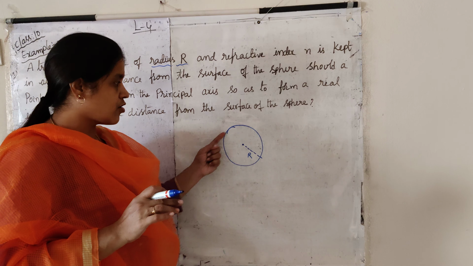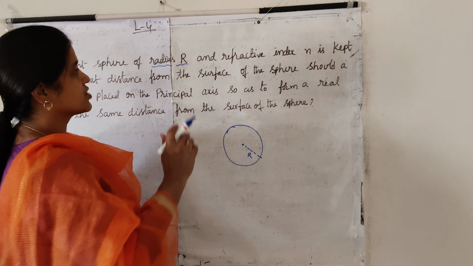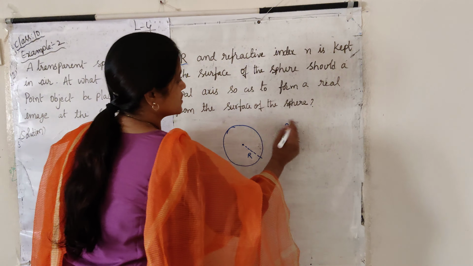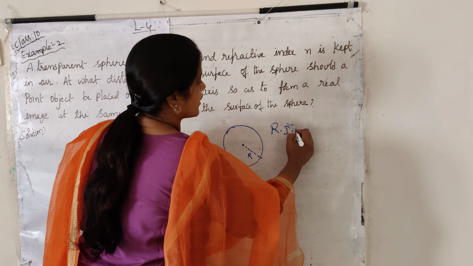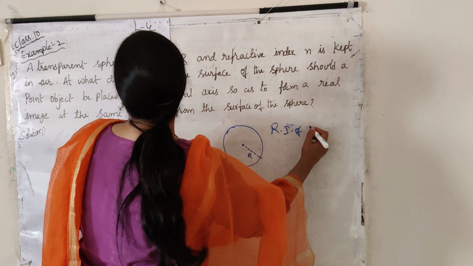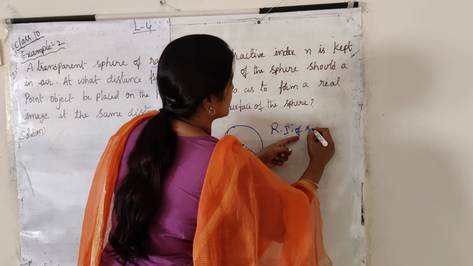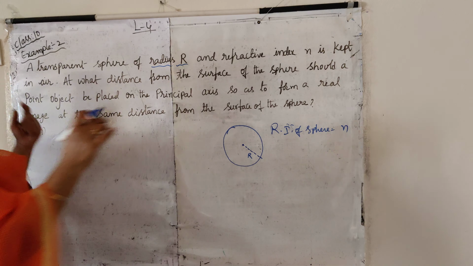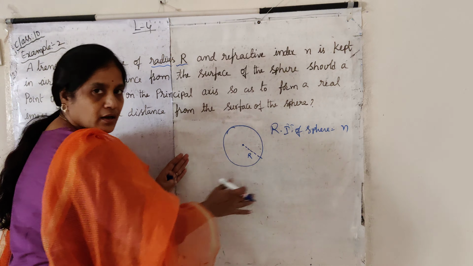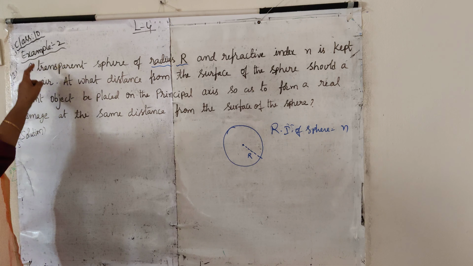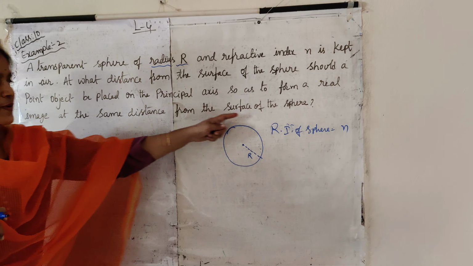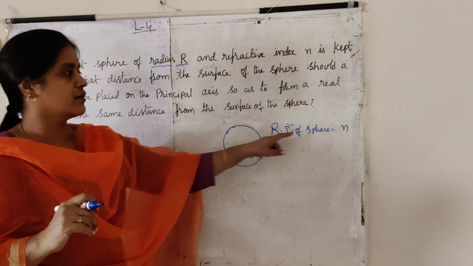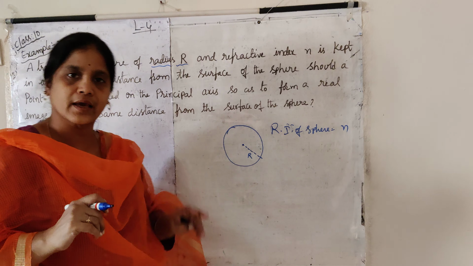The refractive index of this transparent sphere is given as N. Now understand this first sentence: a transparent sphere which has the radius r and refractive index N is kept in air.